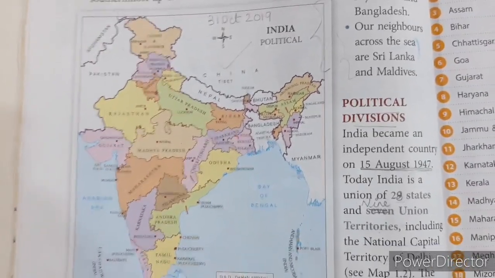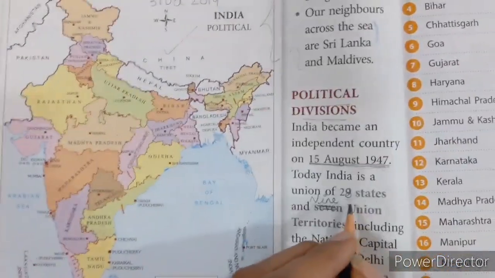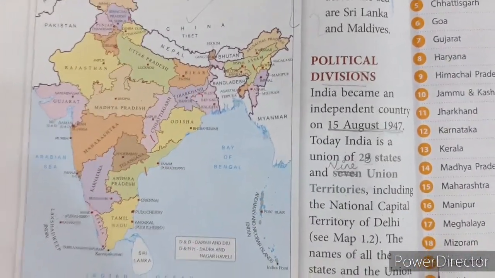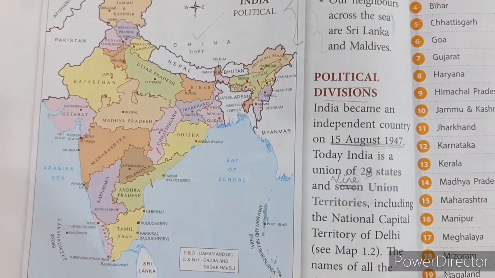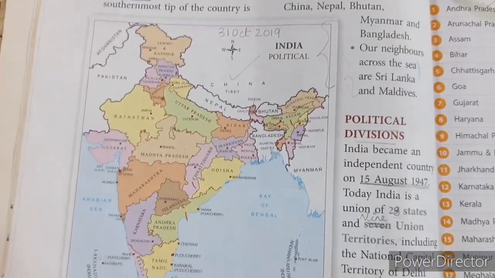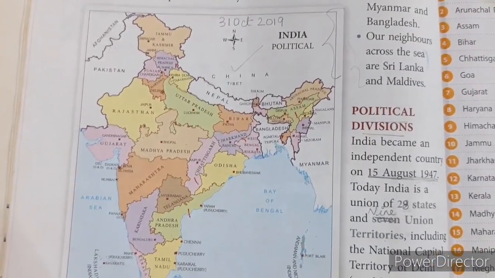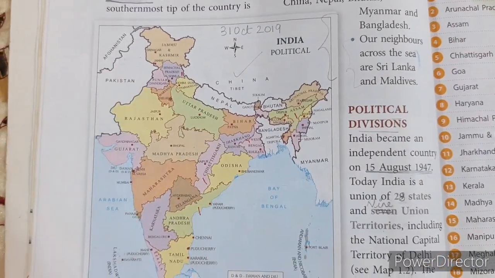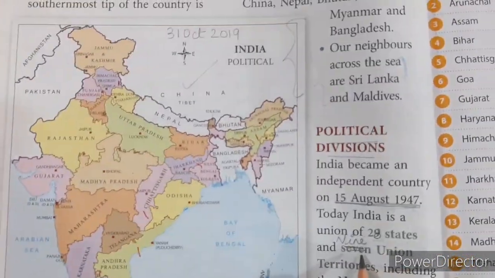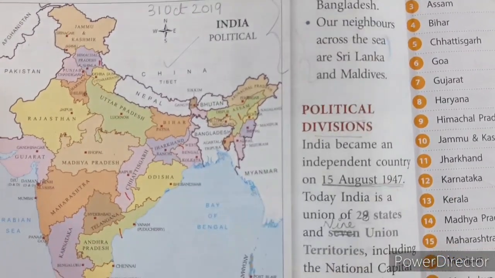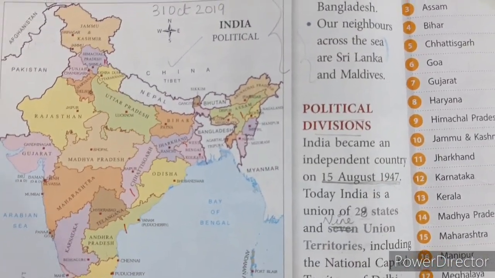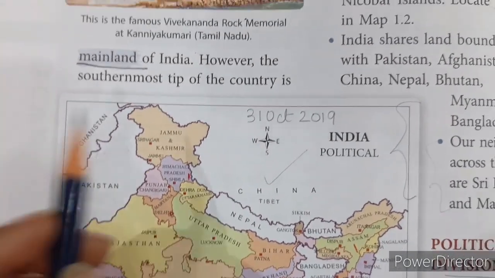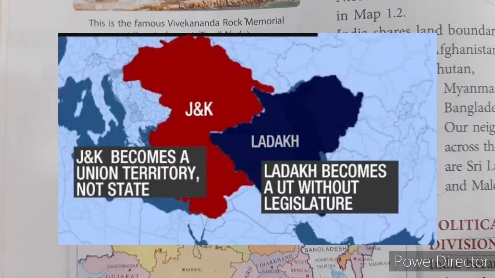So, how many states are there in India? There are 28 states. But what about union territories? Before, we were having 7 union territories, and you must be wondering, Jammu Kashmir is added to them, so there should be 8 union territories, not 9. So children, Jammu Kashmir has been divided into 2 parts.